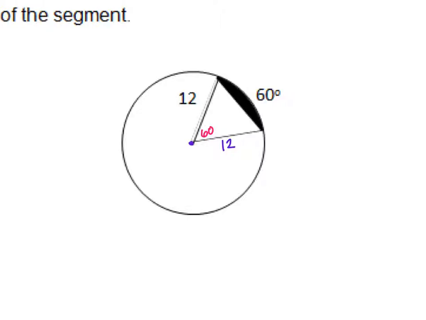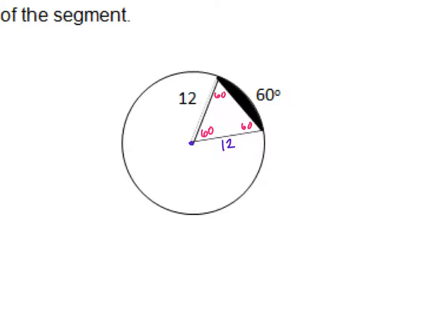And then because it's an isosceles triangle for sure, because we have 12 and 12, that means these opposite angles will be the same. So if you take 180, subtract out the 60, you're left with 120 divided by 2 gives you 60 degrees there also.